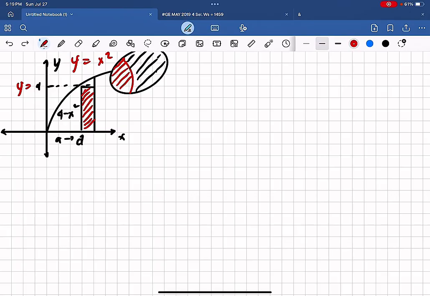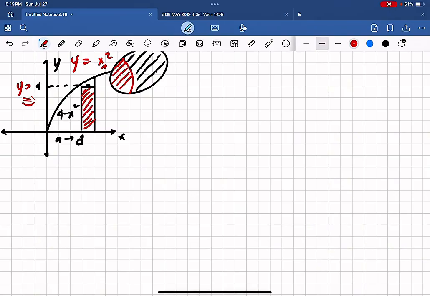Let's now solve the volume of the solid formed when the region between the curves y equals 4, which is our top line, and y equals x squared, our bottom parabola, is revolved. We have to use the disk method to find the volume of the solid of revolution.